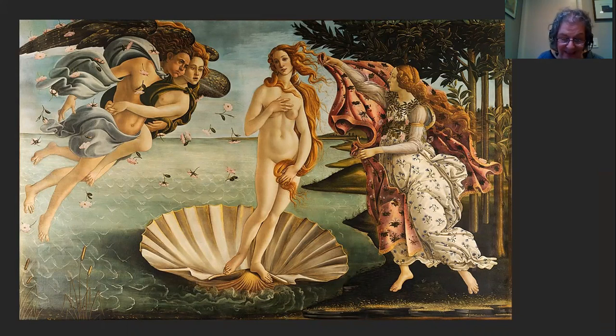So the fact that Botticelli puts them all throughout this painting is not an accident. It was very, very deliberate. And the roses, of course, are a symbol of exquisite beauty, and we know their wonderful fragrance.